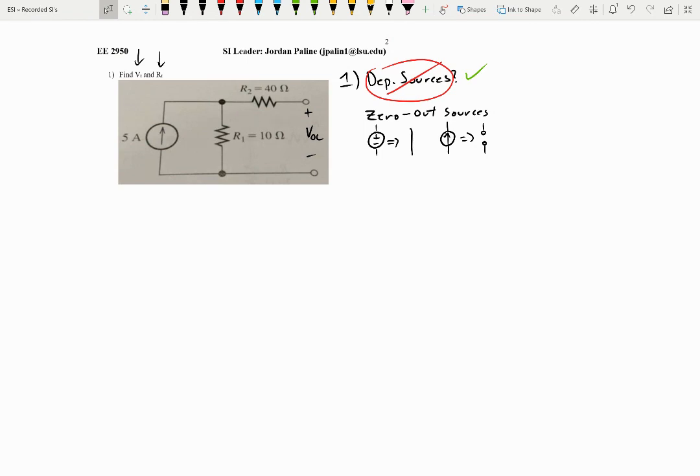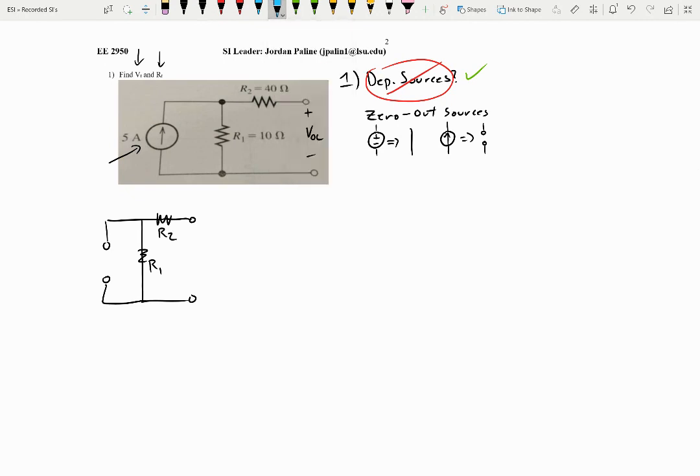Okay. All right, so let's go draw that circuit. So here, I only see one current source. So when I go and redraw my circuit, here, and bam, this is going to be R1, this is R2.